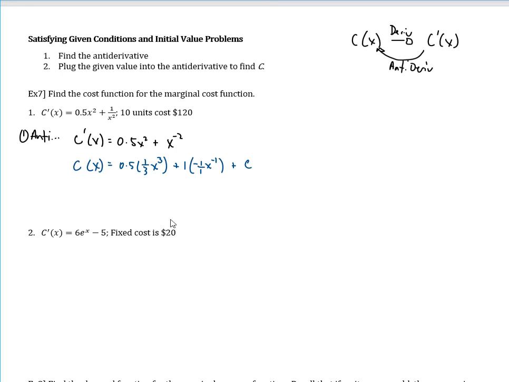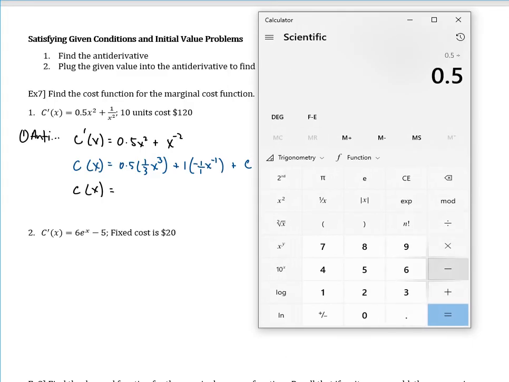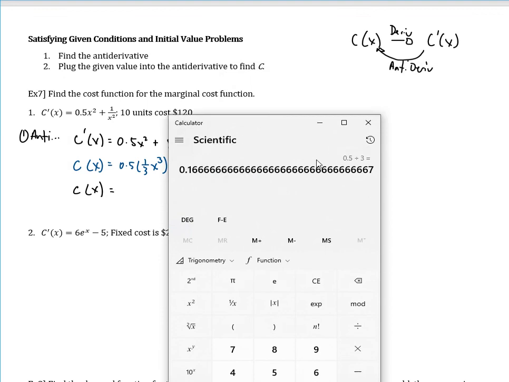Before we keep going, let's simplify what we have. So we have the antiderivative, so let's write it as c of x. So 0.5 and 1/3, since it's a mixture, they used the decimal to start. I'm going to plug in my calculator real quick. 0.5 divided by 3 gives us 0.16666, and so forth.